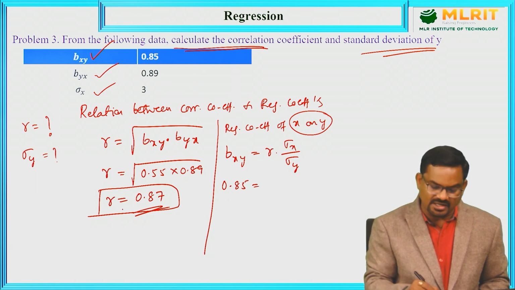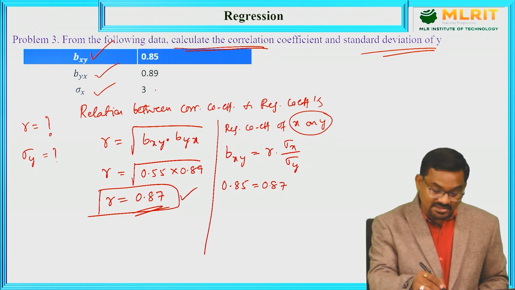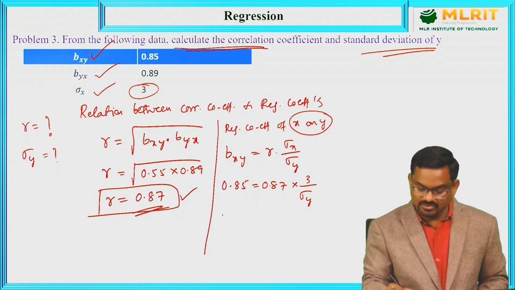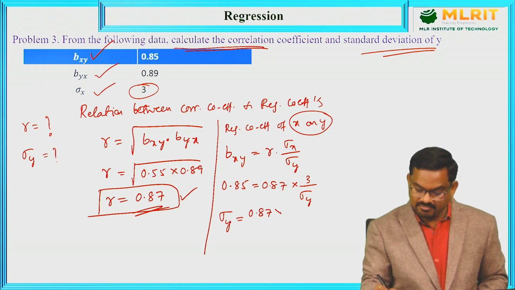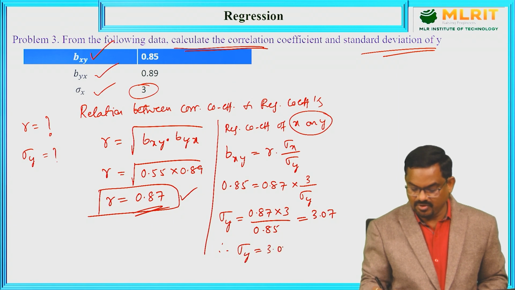Just now we have calculated r 0.87. Sigma x is given 3, by sigma y is unknown. We want to calculate this value. So 0.87 multiplied by 3 by 0.85 and the answer is 3.07. So therefore sigma y is 3.07, standard deviation of y value.